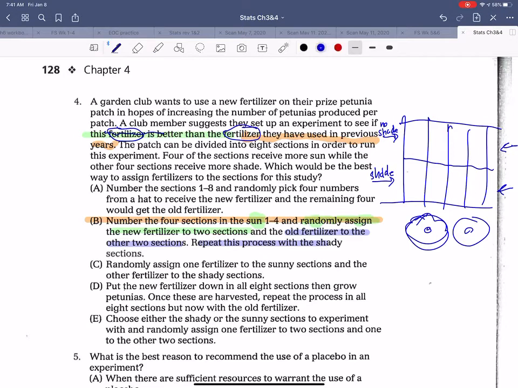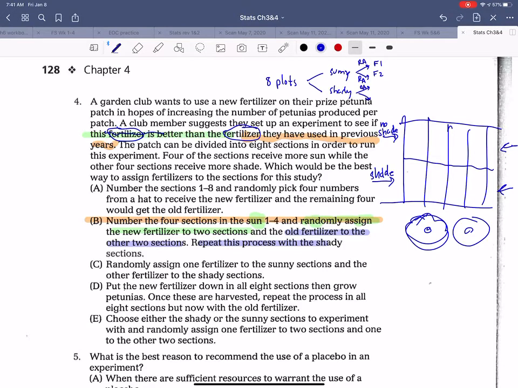So we can think of this as kind of a block design. I have my 8 plots, right? And this isn't random assignment. I have the sunny ones and I have the shady ones. And then I want to use random assignment. Maybe the first 2 that I pick get fertilizer 1, and then the other get fertilizer 2.